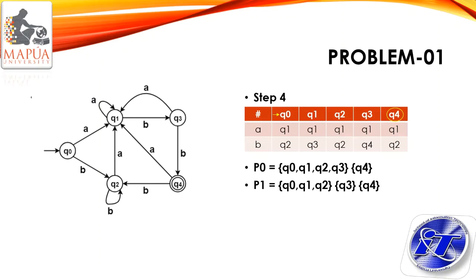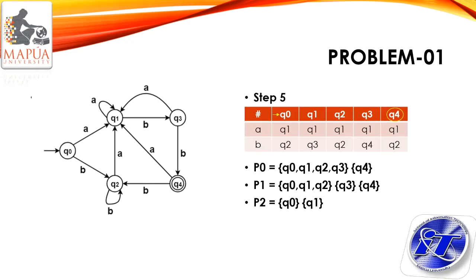We're going to check if Q0, Q1, and Q2 are still the same after separating Q3 from them. Starting again with Q0, both A and B will fall on the same group. How about Q1? A will fall in the same group, but for B, it will go to the second group. So therefore, Q0 and Q1 are not the same, and they should be separated.